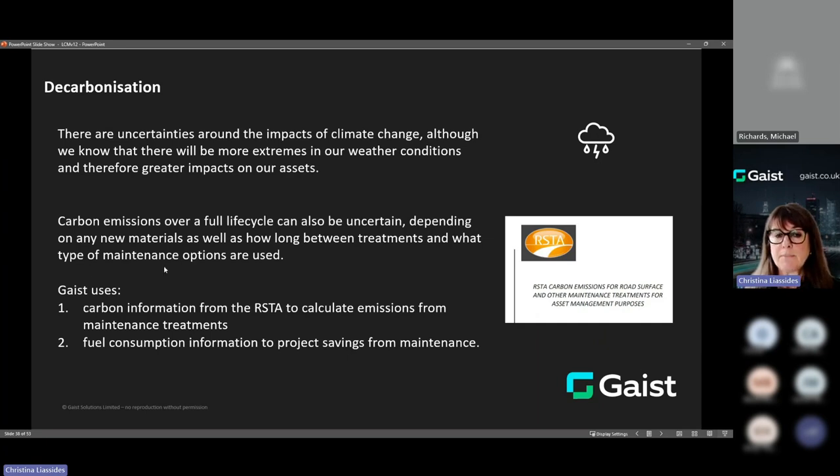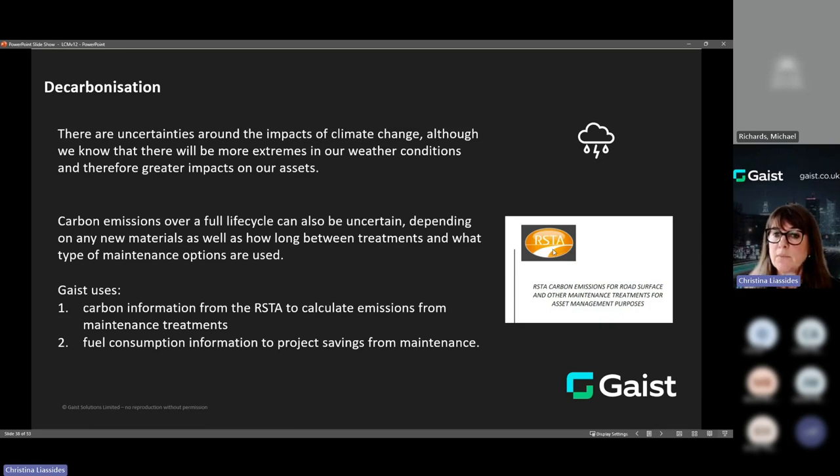Now, when we're looking at carbon emissions, it's a sad fact that highways is a carbon emitter generally, not just the traffic on it, obviously, but also almost all the works that we do on highways has a degree of carbon emissions. Now, those can be reduced over time, certainly electric vehicles, hydrogen, and the treatments that you use.